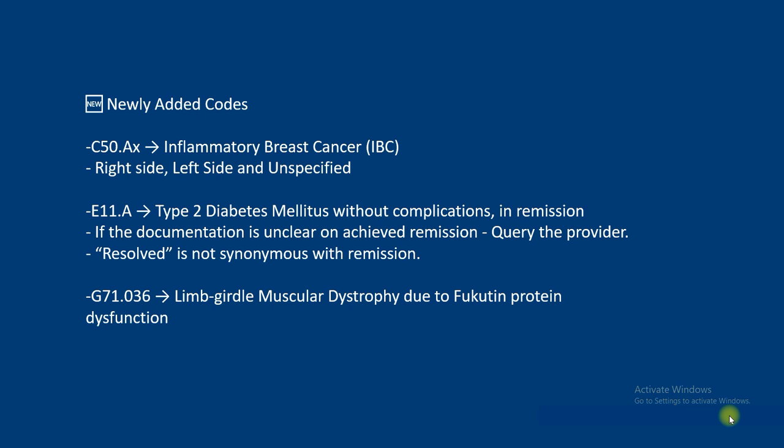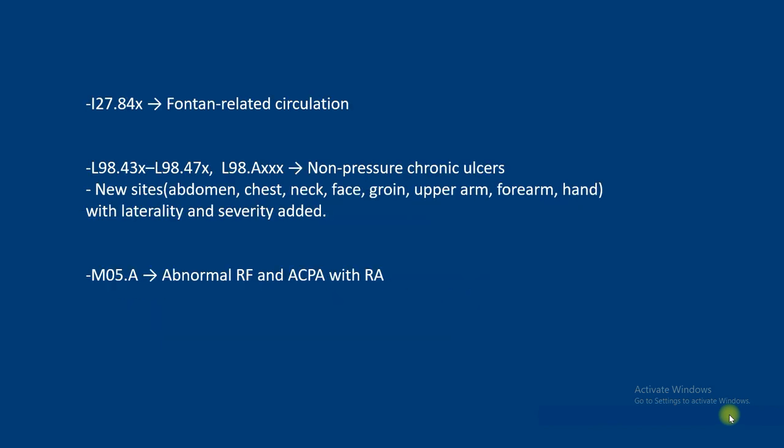At that time we need to use G71.036, which is the muscle-related dystrophy. Next one is I27.84X, Fontan related circulation. As the code itself indicates, this condition is related to the circulatory system.